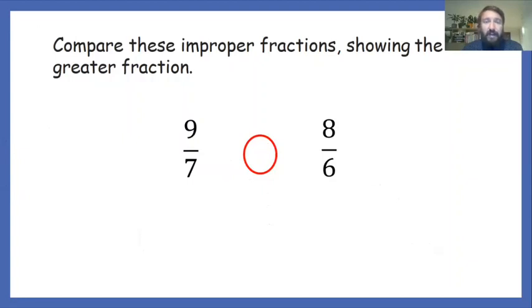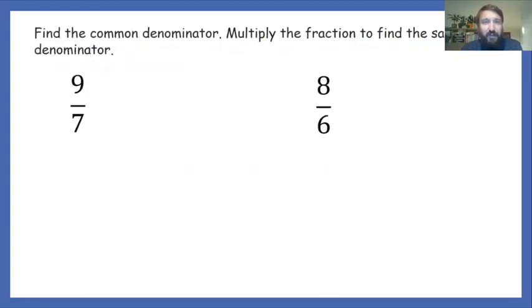Now there are a couple of methods that I'm going to talk you through on how you can compare these fractions, because you will know, as we do, that these fractions can't really be compared at the moment because we have different denominators. So the first method is going to be looking to find the same common denominator.